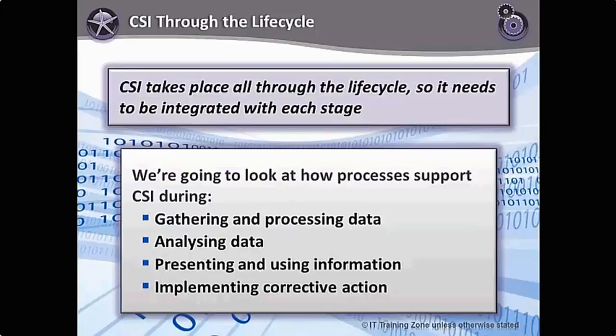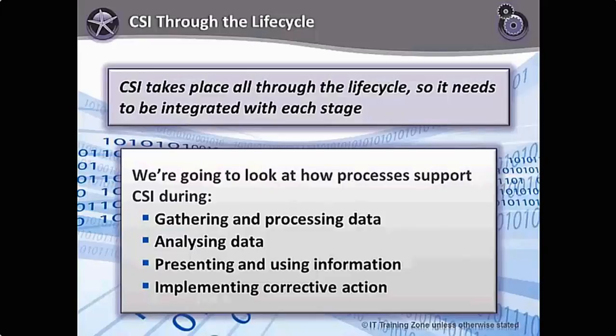As we've already learned, continual service improvement happens within all stages of the service lifecycle. To achieve this, continual service improvement needs to be integrated within each lifecycle stage, as well as within the underlying process.